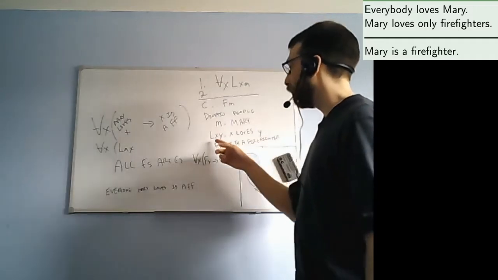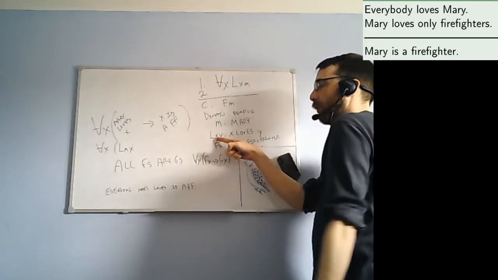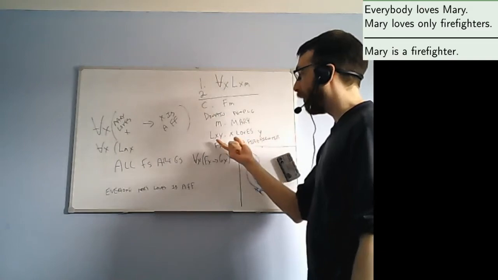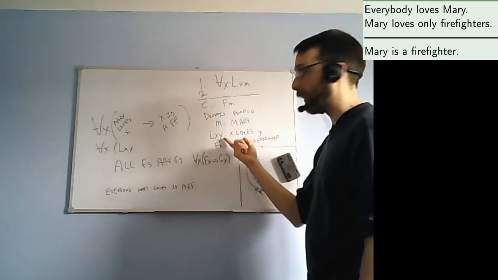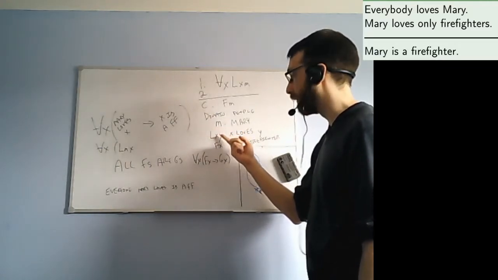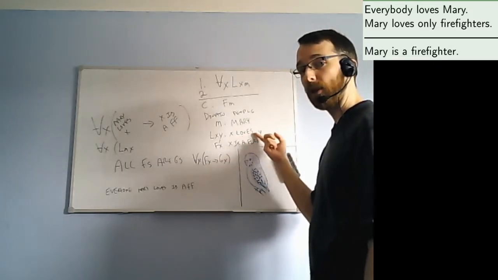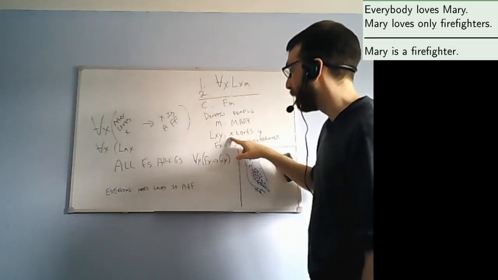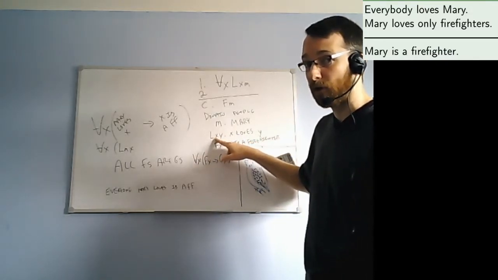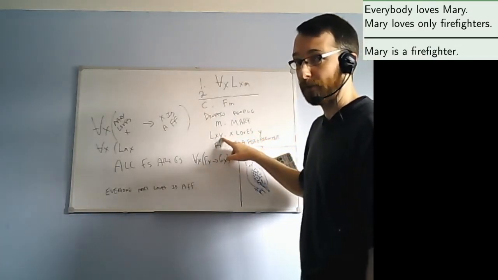So what's going on here in this entry in the symbolization key, there's this pattern between that X and this X, that Y and that Y. So when I'm looking at what this formula in FOL says, I look at this partial sentence, this gappy thing in English, and I say, well, the blank at the beginning, the person who's doing the loving, that's the one that goes in the first variable spot. The person who is loved here goes in the second spot.